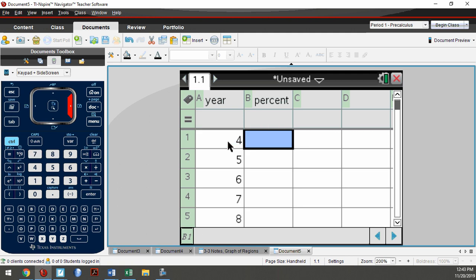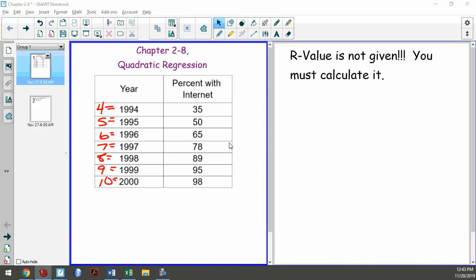Okay, go over to row 1, column B, and now you are going to enter in this data. So 35, 50, 65, 78, 89, 95, and 98.